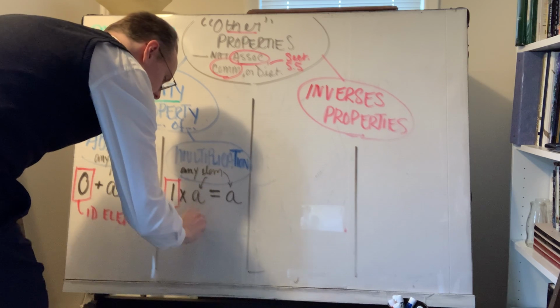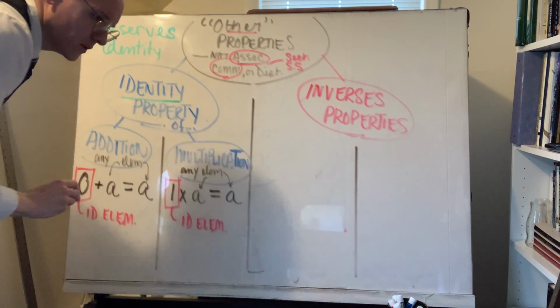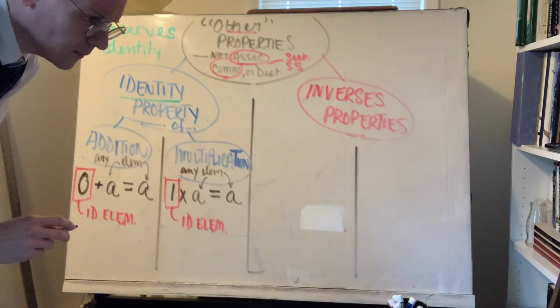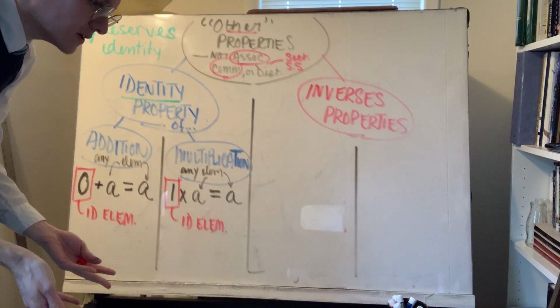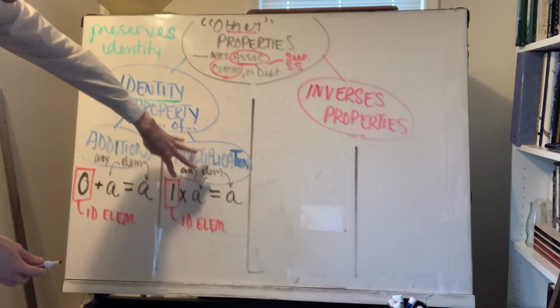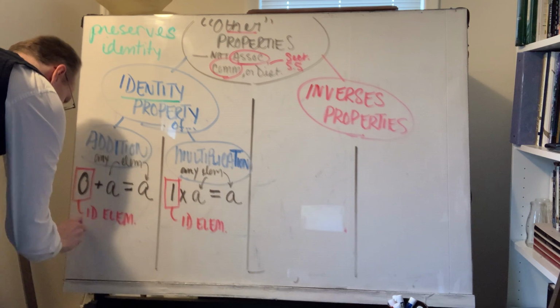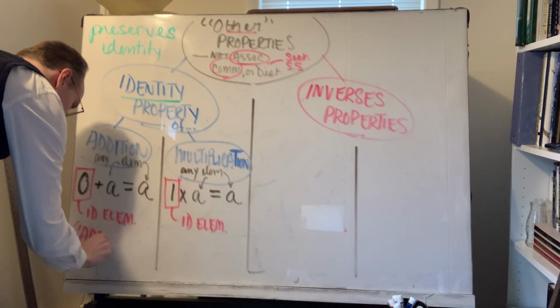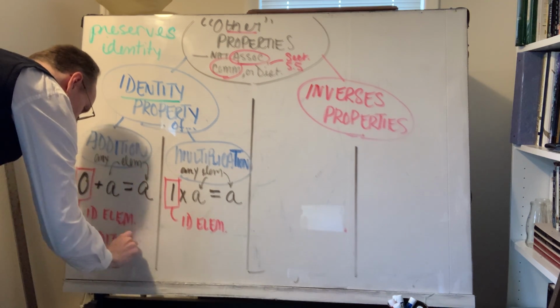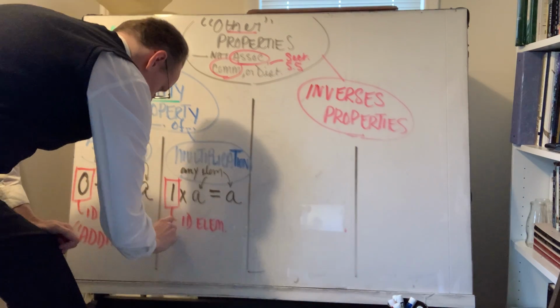This is also an identity element. All right. They have specific names based upon whether it stems from addition or from multiplication. This would be called the additive identity element, and this would be known as the multiplicative.